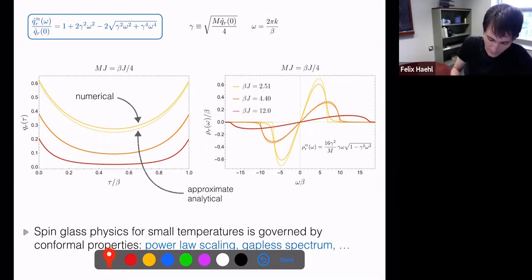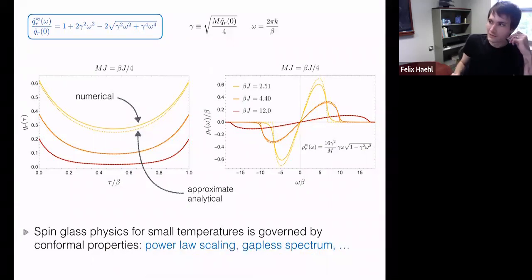And you can use this approximate solution to compute various other things. For example, the spectral density here on the right. Again, the spectral density for this approximate solution has this square root behavior. And again, it matches quite nicely to the numerical solution, especially for these red lines, for instance, where the temperature is very small.